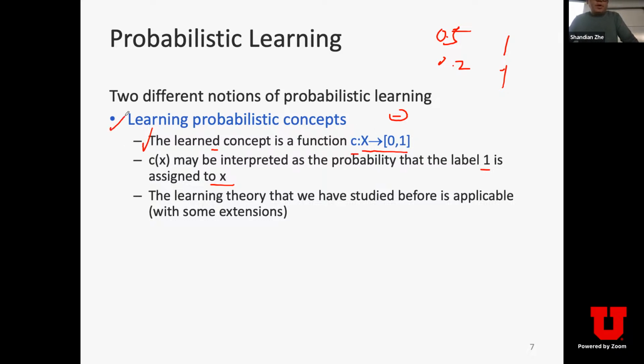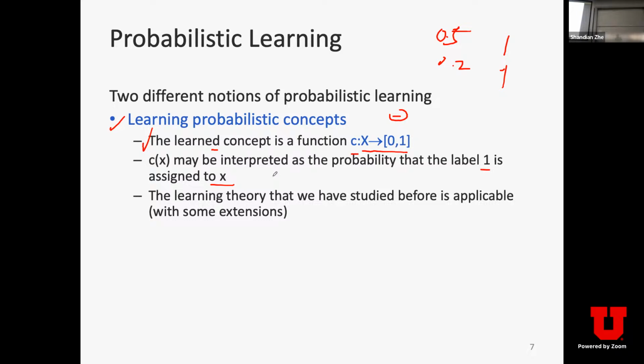So to learn such a probabilistic concept, it is essentially learning a function that maps the input feature vector to a continuous value. But this continuous value is restricted to be between 0 and 1 because it has a probabilistic interpretation. It represents the chance that you have label 1, rather than just label 1 and -1. So that means any regression framework we have previously used can be considered here.